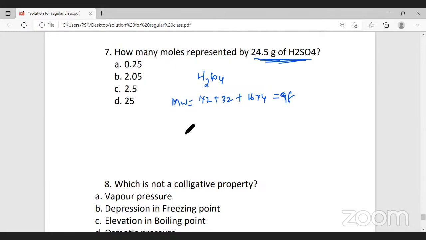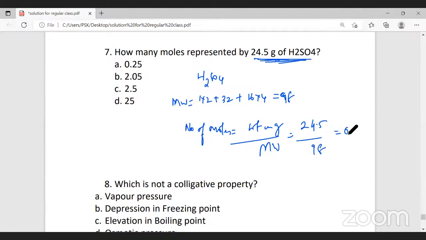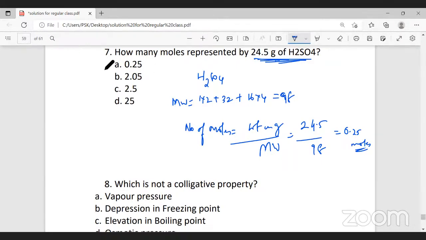Now they're asking the number of moles. Number of moles is calculated by the formula: weight in grams divided by molecular mass. They have given 24.5, so it is 24.5 divided by 98, which is 0.25 moles. Hence the answer for this question is option A, 0.25.